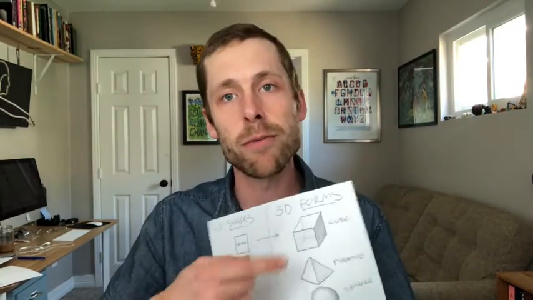Now, it's your turn. What you're going to do is choose one of the 3D forms that you illustrated on Tuesday, and you're going to draw that on a new piece of paper, and then use your value scale to add value or shading to your form to make it look really realistic.